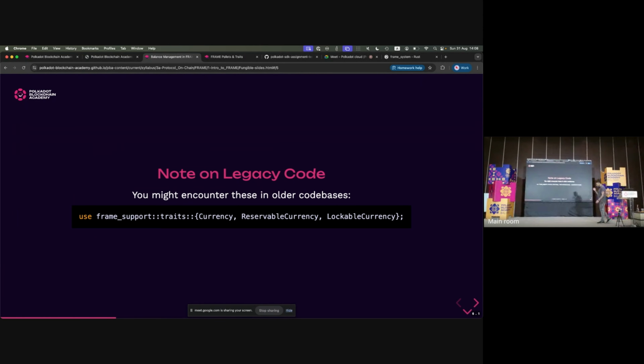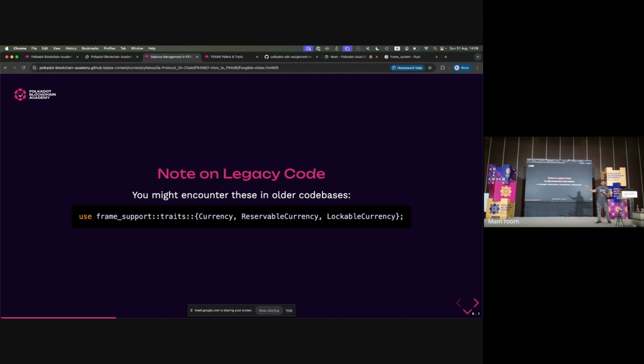A quick note before we go further. You will see this in a lot of pallets currently, where we are not using fungible. We are using something called Currency, ReservableCurrency, LockableCurrency and so on. These are legacy traits. There are reasons, but they are not super important.